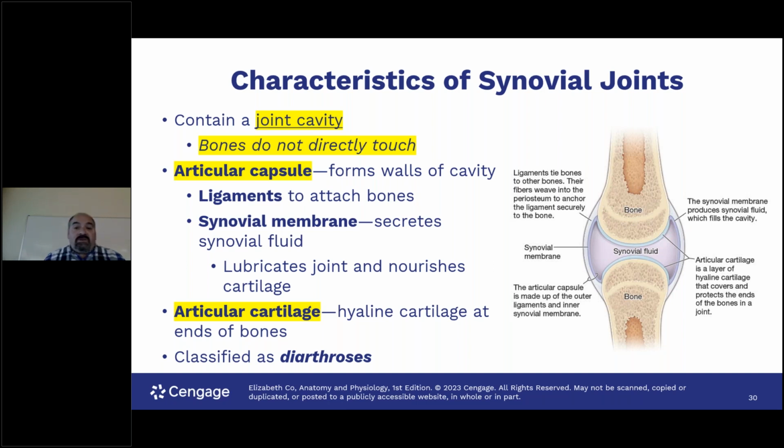And so you will need to be able to draw this from memory as far as the different components of it. Understanding that there's a synovial membrane, that is the inner lining, and that synovial membrane produces the synovial fluid. Okay? Now, you'll see also that synovial joints are diarthroses or diarthrodial joints.